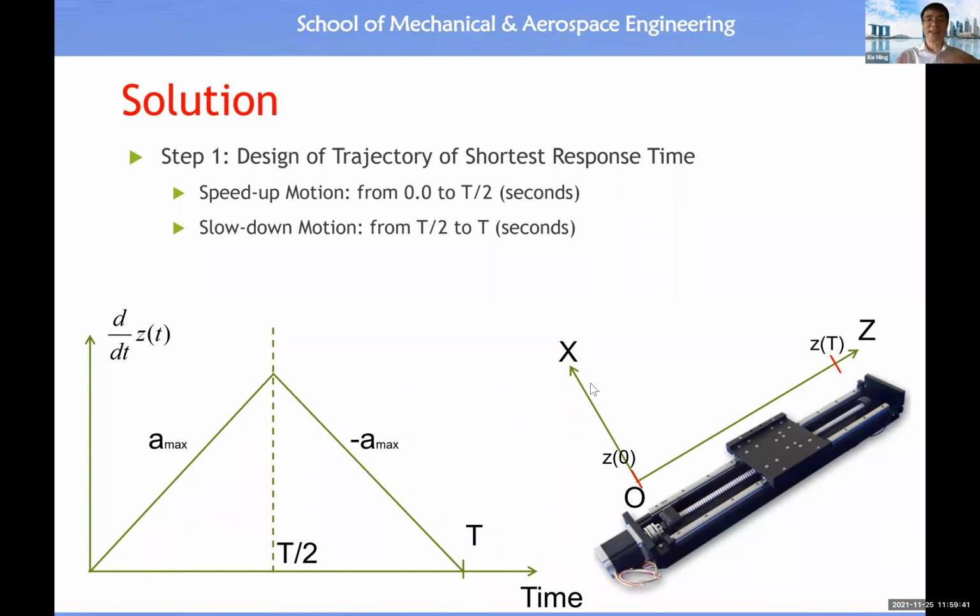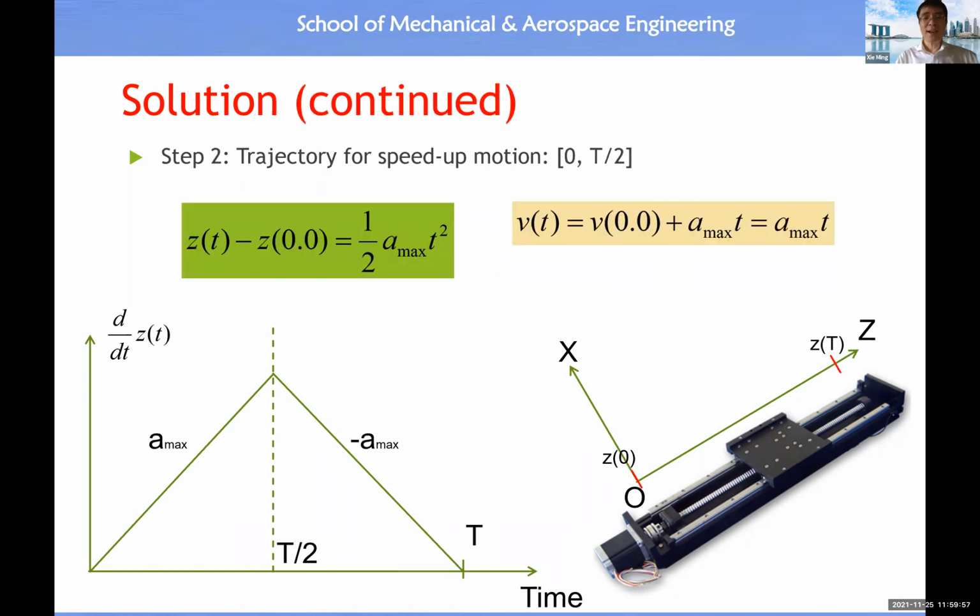So these are the key information from the question. And as a designer, you can choose this design solution, to come up with a trajectory with 2 phases instead of 3 phases. Then for phase 1, we can write down the displacement equation for the z coordinate.